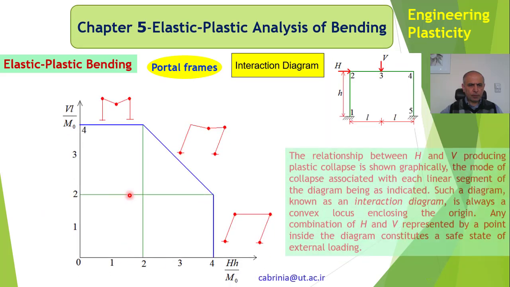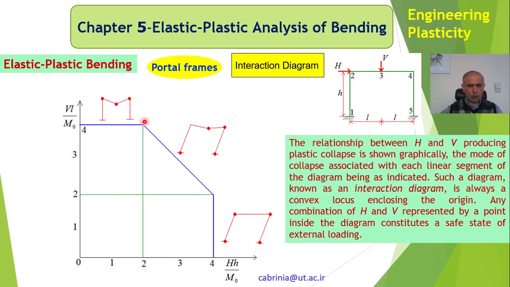So here, that's 4 for VL/M0, that's 4 for HH/M0, and I have plotted VL/M0 against HH/M0, and then that is the combination of both of them. So if I had another solution, I could have drawn the lines as well. So the relationship between H and V producing plastic collapse is shown graphically here.